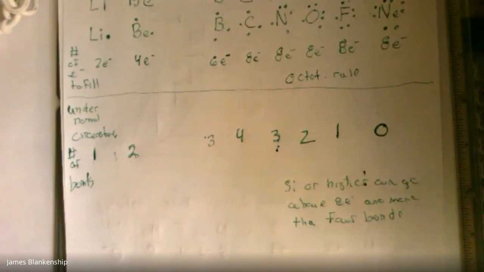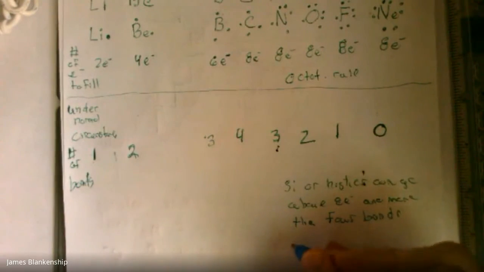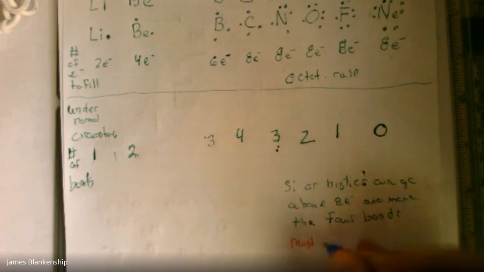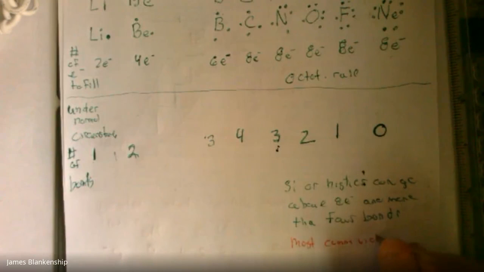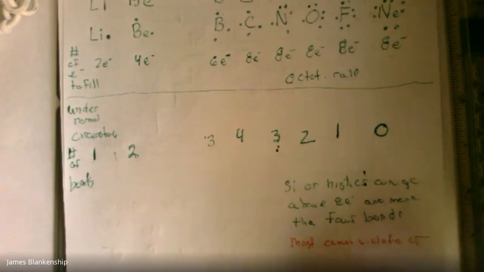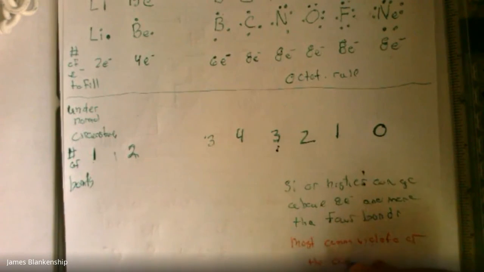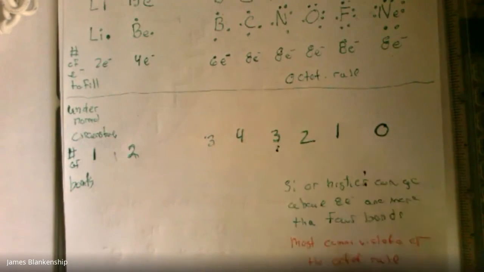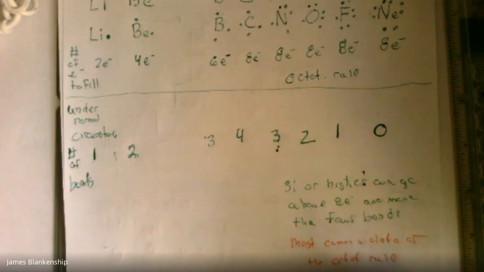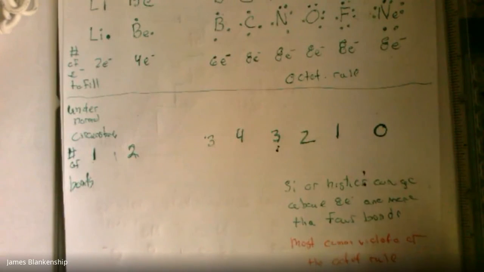Here are the 3 most common violators of the octet rule: phosphorus, sulfur, and this may not make sense, but it's another part of the periodic table we're going to talk about if we get to it today.